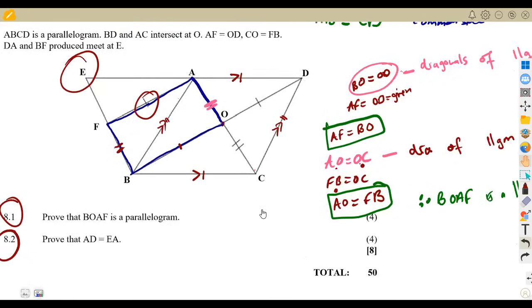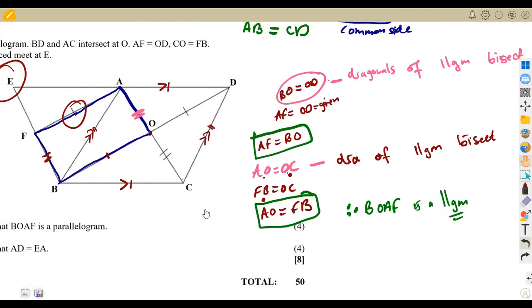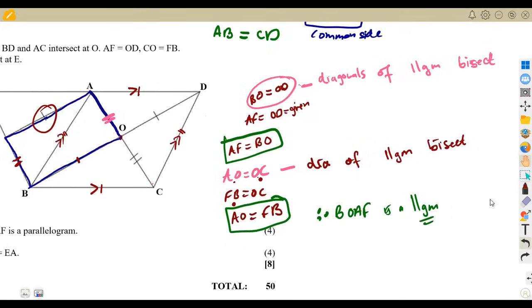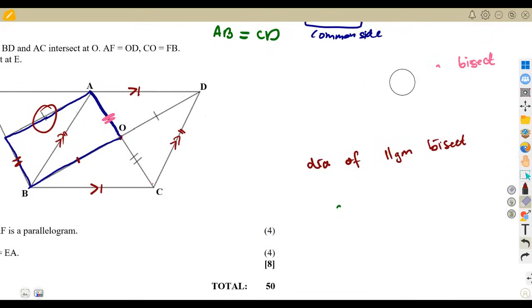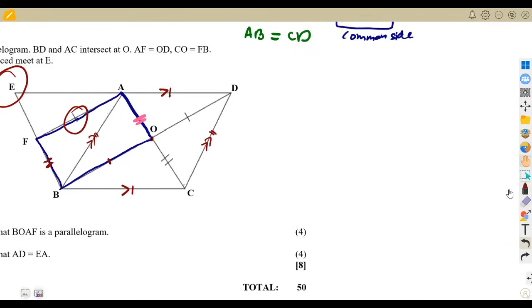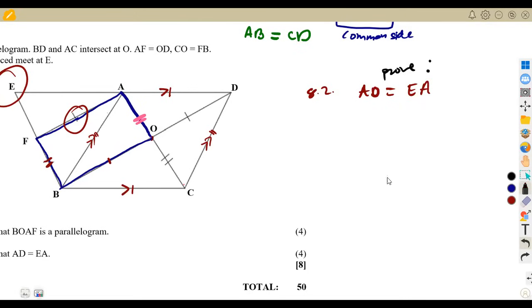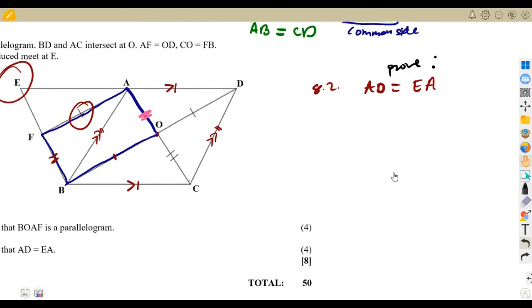Remember now, this is a parallelogram that we are talking about. So let us prove this and see. This is our last equation to make up the whole paper. So we want to prove that AD is equal to EA.